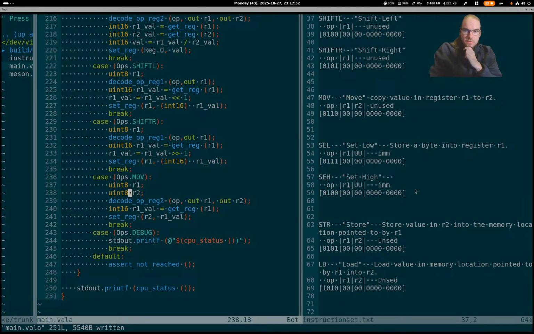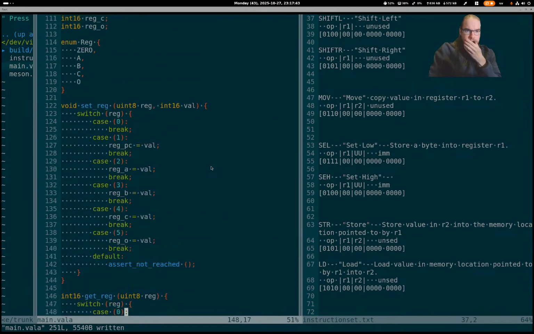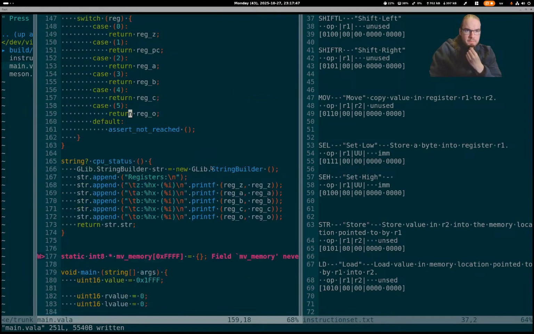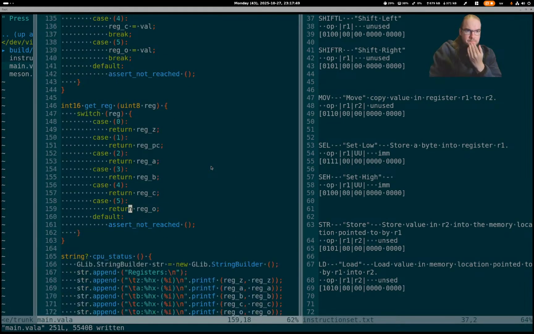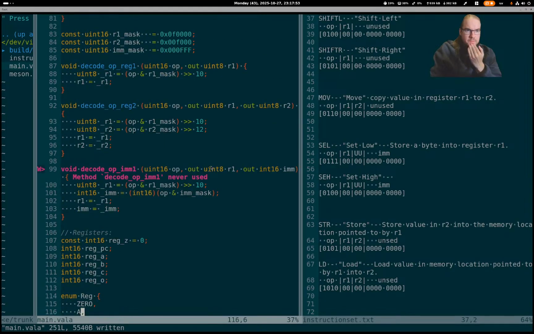And set high and set low is going to be interesting. It's basically going to be an immediate. With this one.